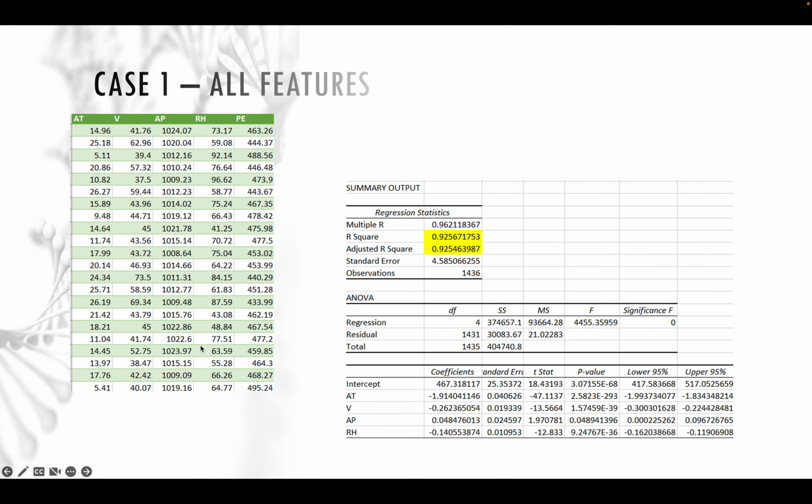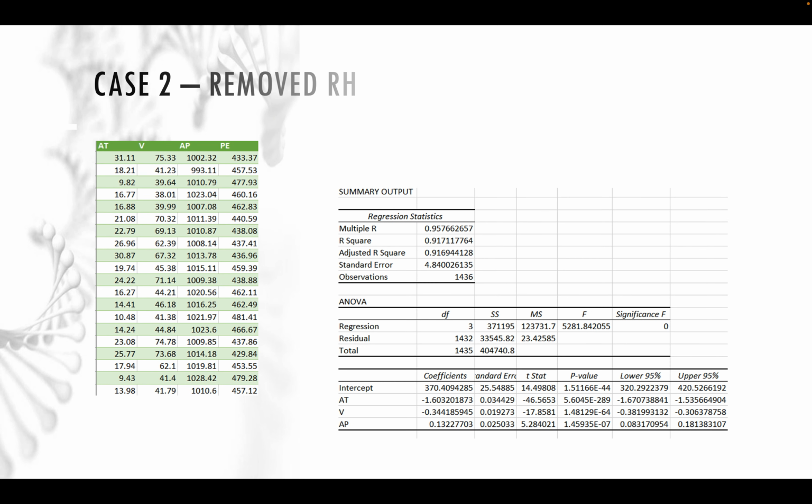Moving to case one, where I've considered all the features, I just wanted to see what happens if I use all the features. When I do the linear regression on my training data, I see a good R square value, which is closer to 1. So it gives me an idea that if we use all four of them, this looks quite good from an initial interpretation.